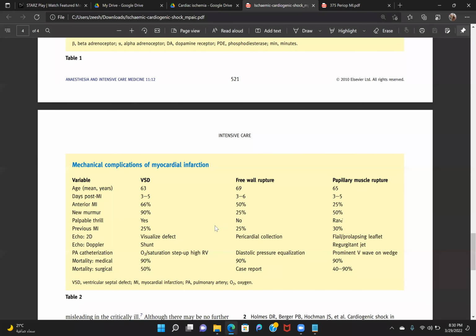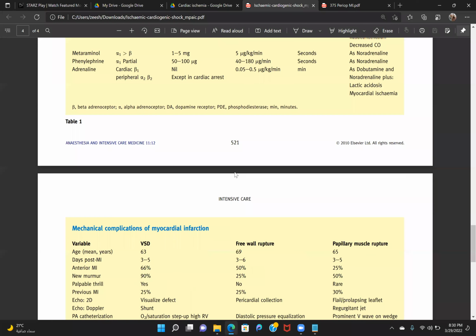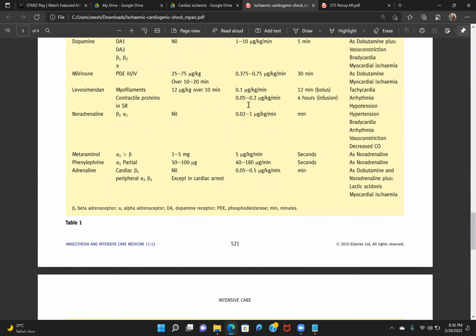What else? If the patient survives acute MI, what can be the sequel, like what can be the resulting thing? It may be in the form of valvular regurgitation. It may be in the form of left ventricular failure. And the patient may develop arrhythmias.